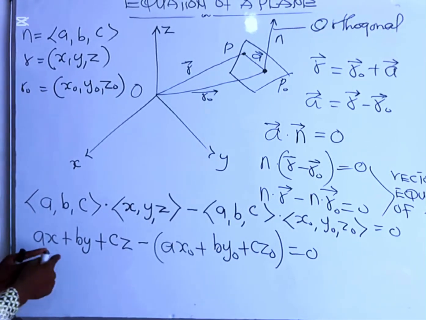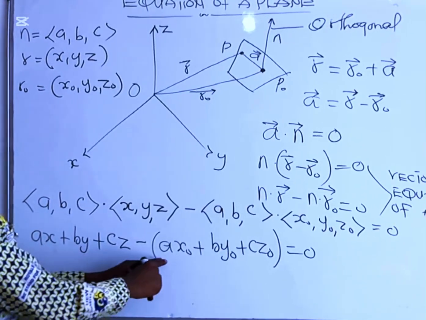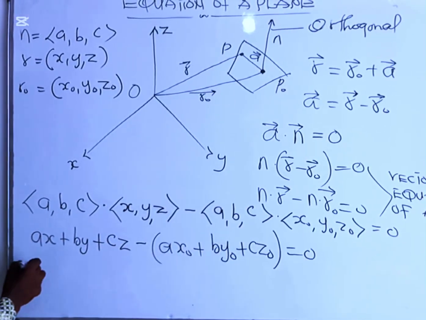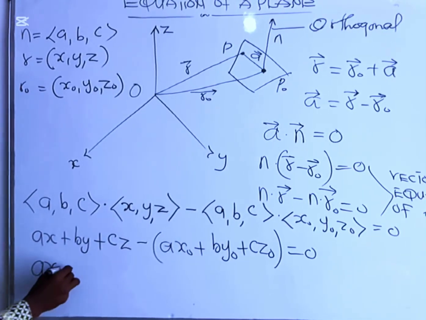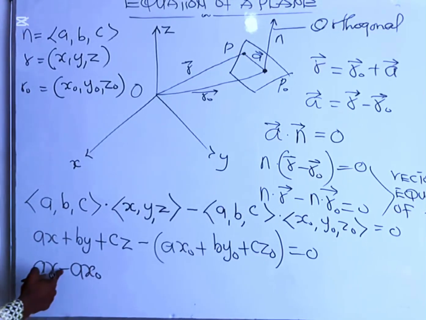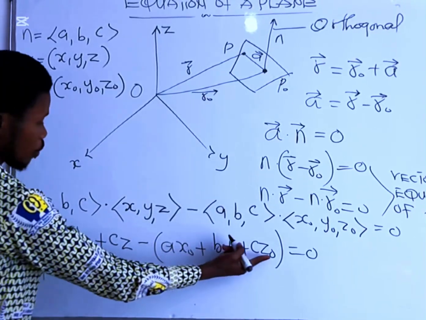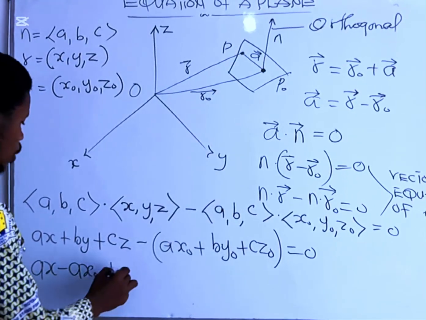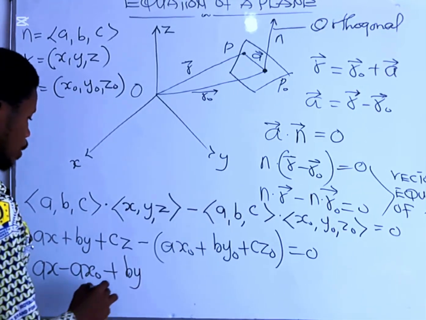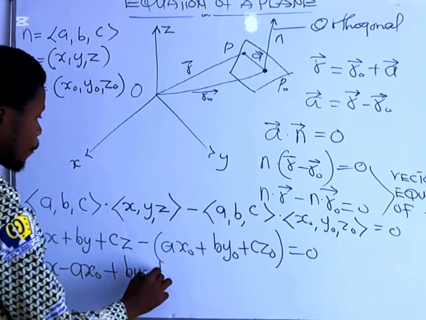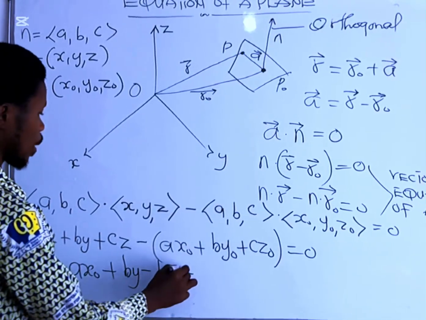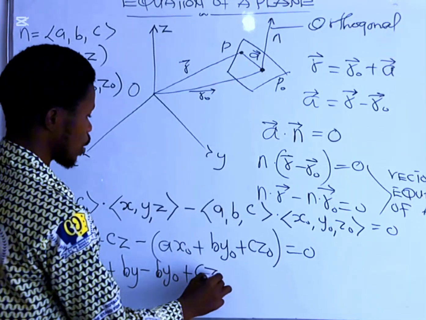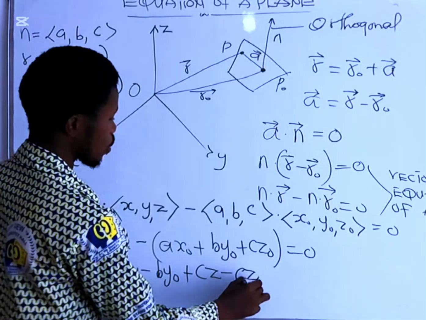Let me group like terms. This ax minus ax naught, so I can bring it together. ax minus ax naught, where from the minus, because of this minus, it's affecting everything there, right? Plus, if I take by to be minus by naught, plus if I take cz, it will be minus cz naught.